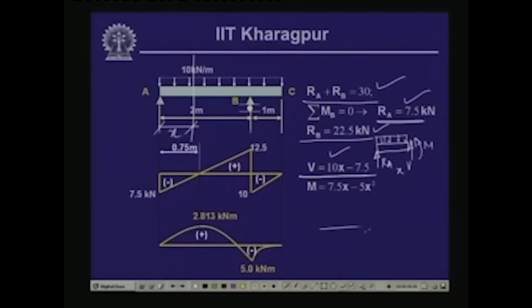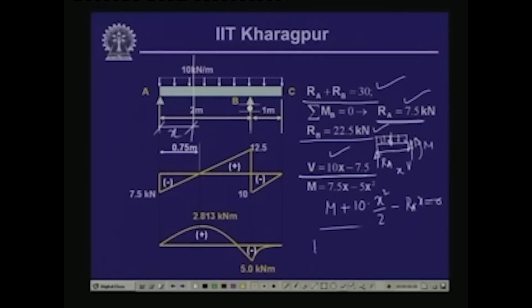Correspondingly, if we calculate the value of the bending moment, we have bending moment M acting in an anticlockwise direction. The load gives a moment in an anticlockwise direction if we take the moment with respect to this point. So, M plus 10, this is x and this distance is x by 2, so x square by 2, minus Ra into x, equals 0.